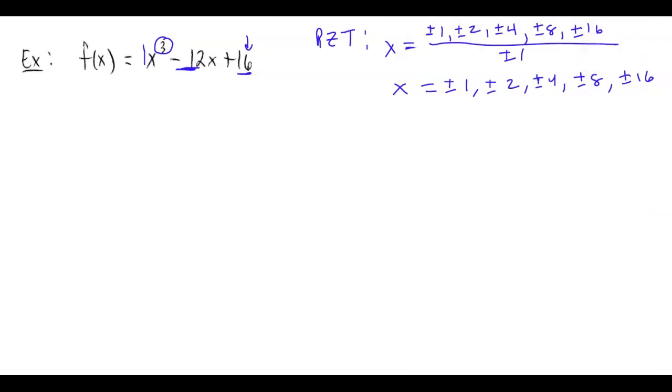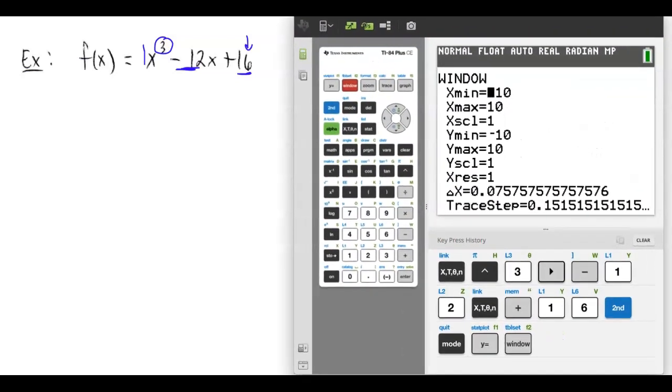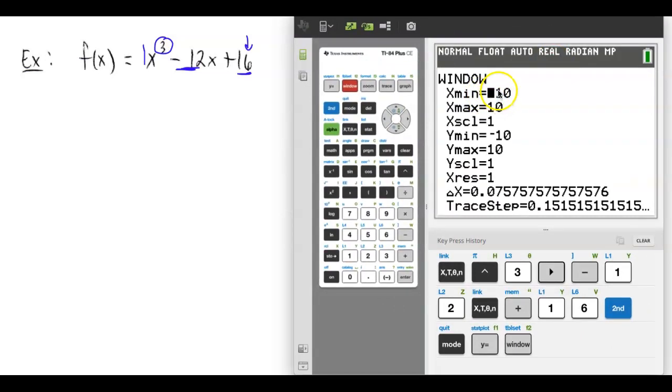If you notice, all the numbers that are in my list are from plus or minus 1 to plus or minus 16. So I know that the smallest number in this list is going to be negative 16. That's the smallest number. The largest number in this list is going to be 16. So when I set my window here, what I want is to be able to fit negative 16 all the way to positive 16 in this list.